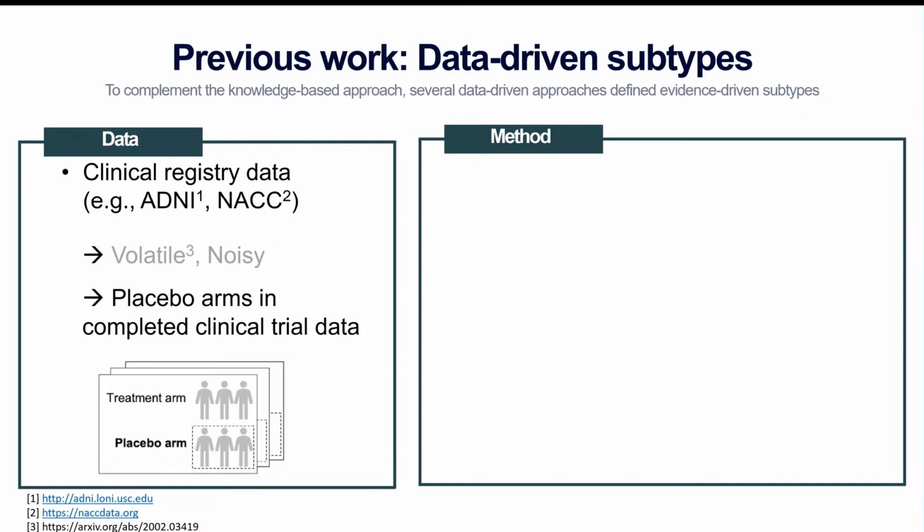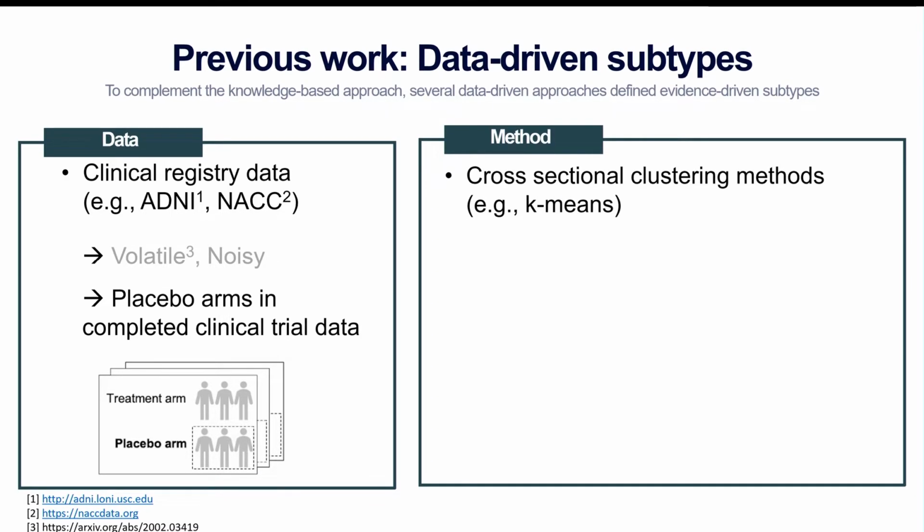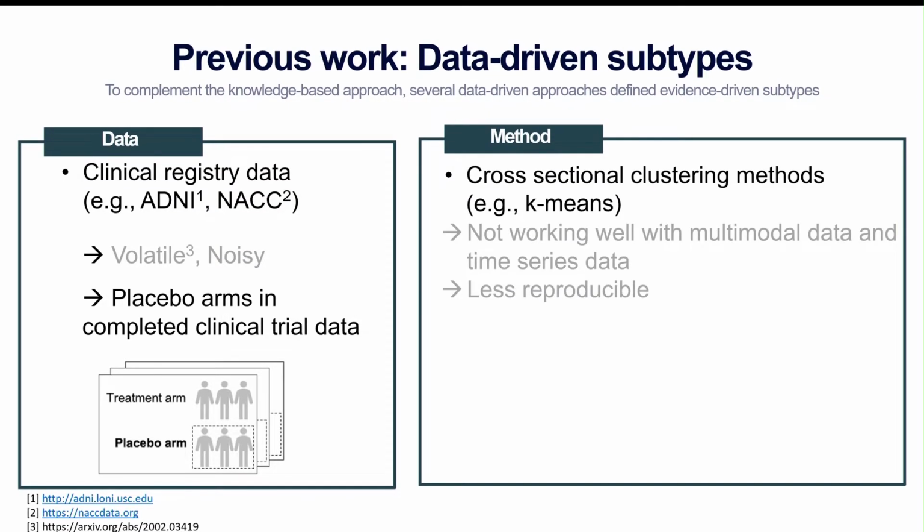For the method aspect, there are a lot of existing studies working on these subtypes, and most studies use clustering methods, of course, and their focus was cross-sectional clustering methods like k-means. But the thing is, our data is multimodal time series, which makes it really difficult to get the similarity between instances. And basically, k-means is built upon those pairwise similarities.